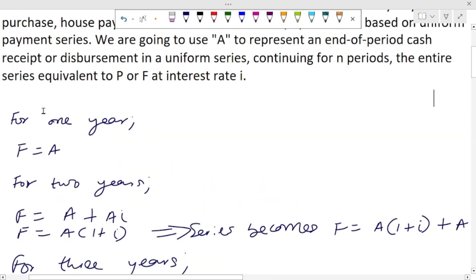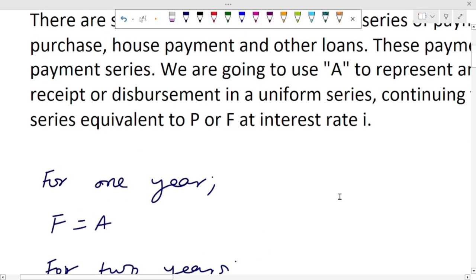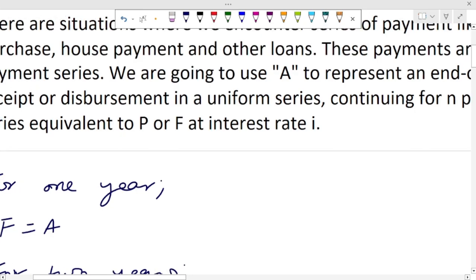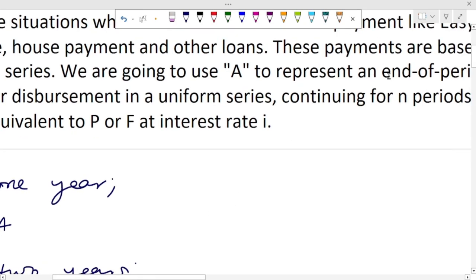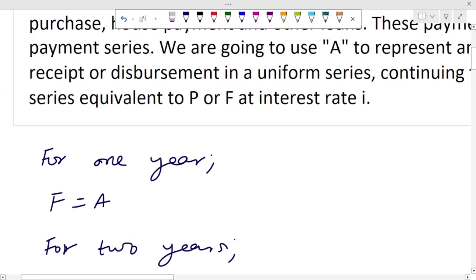Now for 1 year, that is the first year, this F, which is the future sum of money to be paid, will be equal to A. This is because A is the money we pay annually. We use A to represent the end of period cash receipt or disbursement in a uniform series.